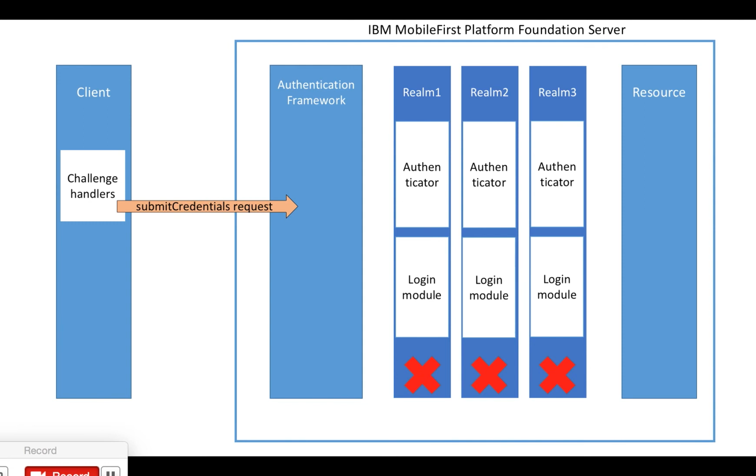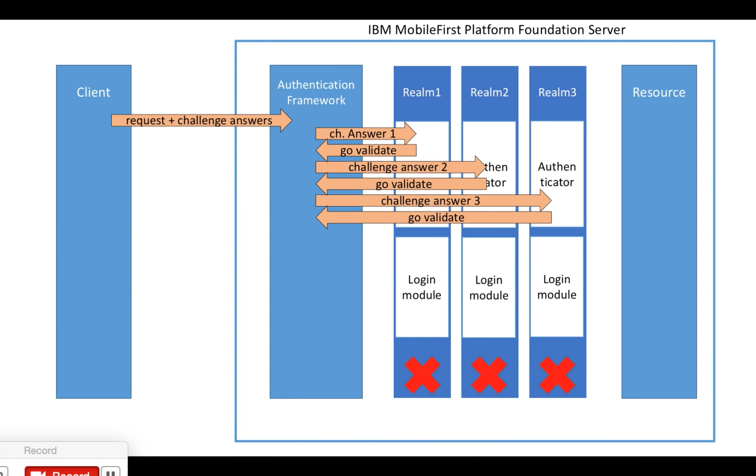and eventually they submit some kind of credentials. Once again, those credentials are intercepted by the authentication framework, because every single request is intercepted by it. So those challenge answers are returned to authenticators.